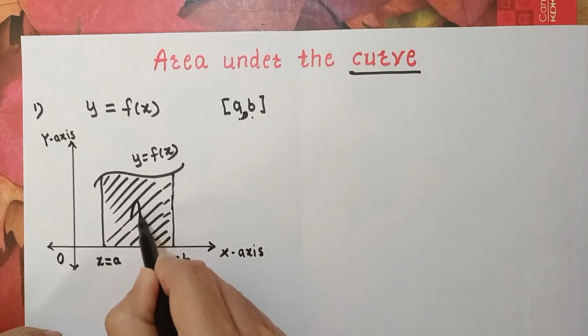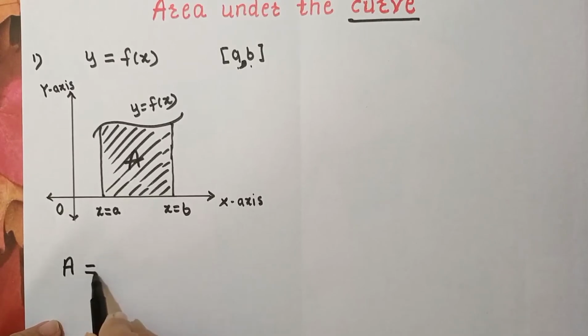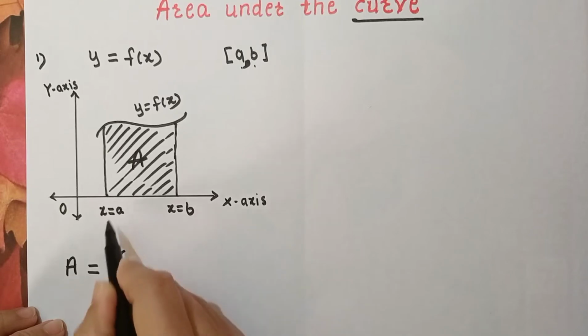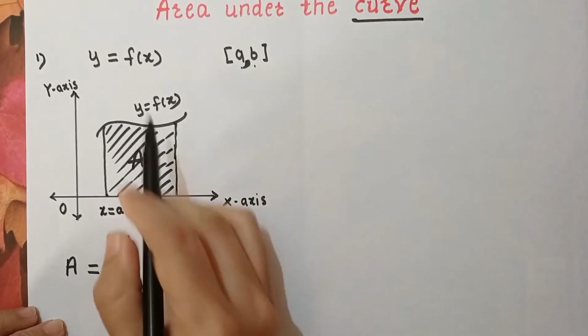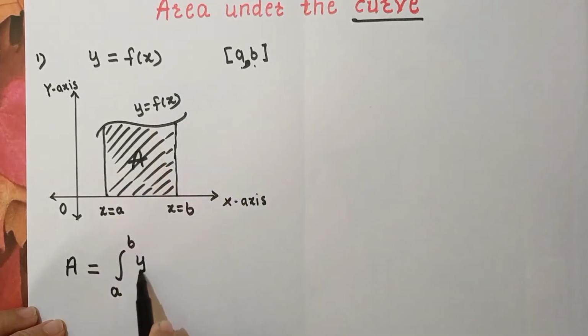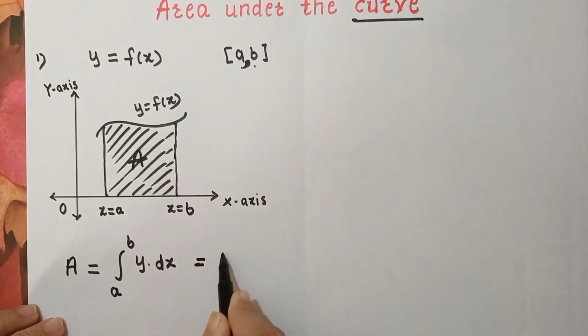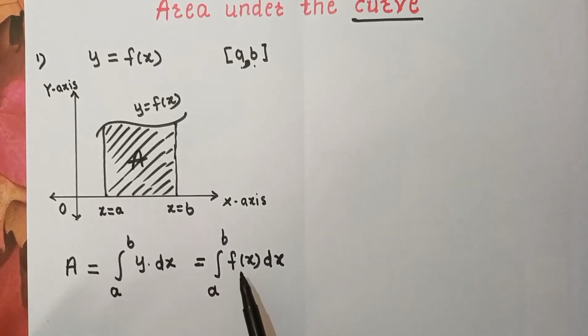So we will consider this area as capital A. So A is equal to, we know this concept, this is the definite integration because here the bounds are a to b, and since y is a function of x, we will integrate with respect to x. So again y means f(x). So here we will write integration a to b f(x) dx. We will use this formula and we will find the area under the curve.